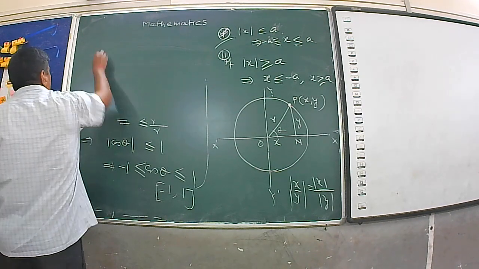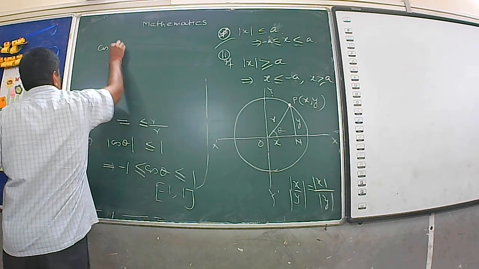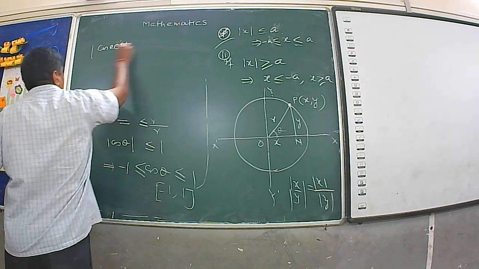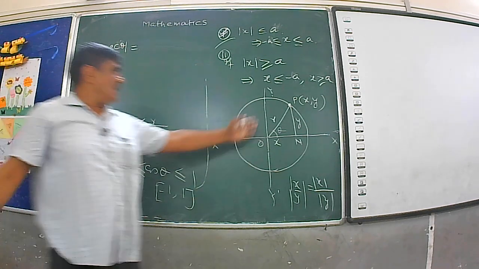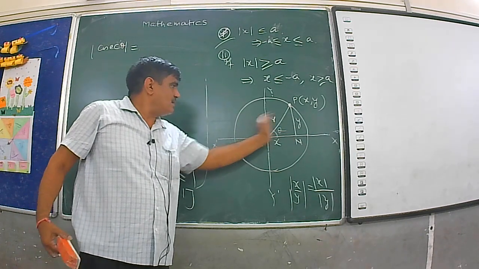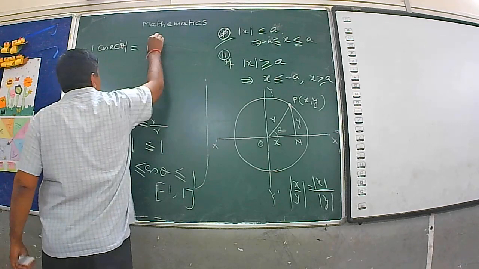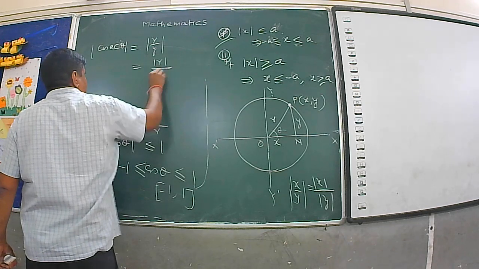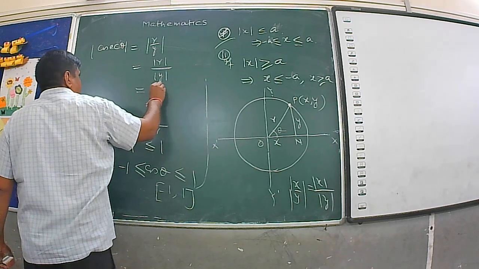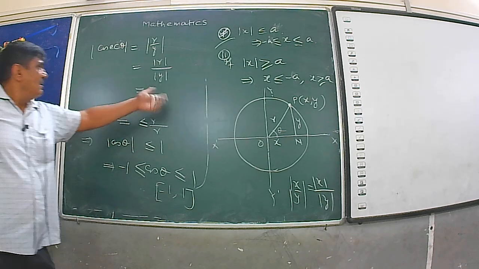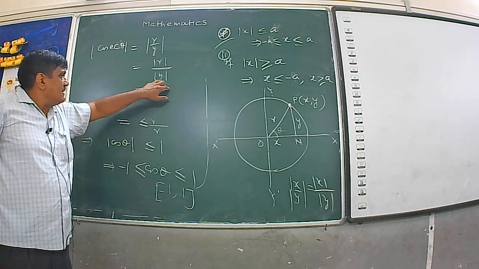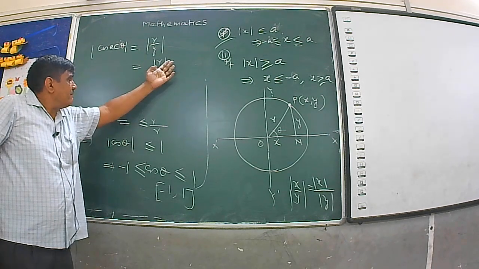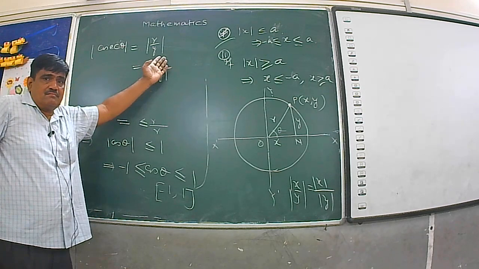Cosec theta, magnitude of cosec theta is equal to r by y, and this is equal to, here magnitude of y is less than r, meaning denominator is less than numerator.